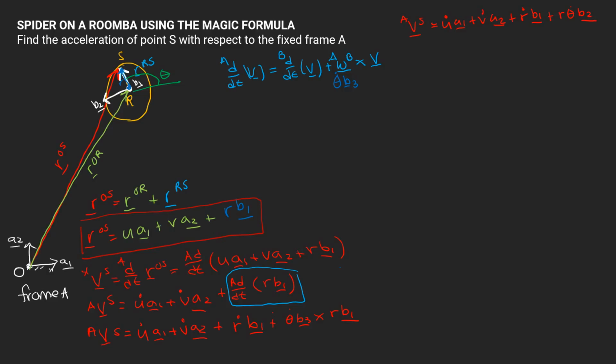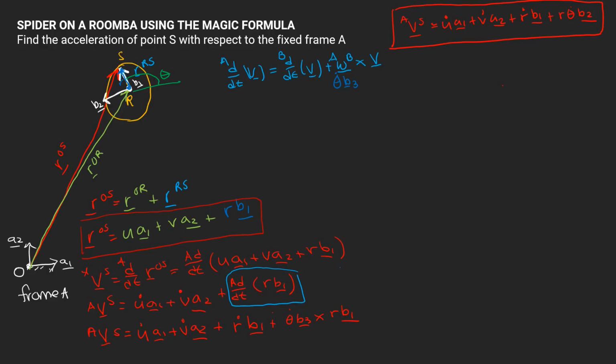Right, the cross product of b3 and b1 is b2. So there you have it. We used our magic formula, and now we have velocity. So next we have to get acceleration.